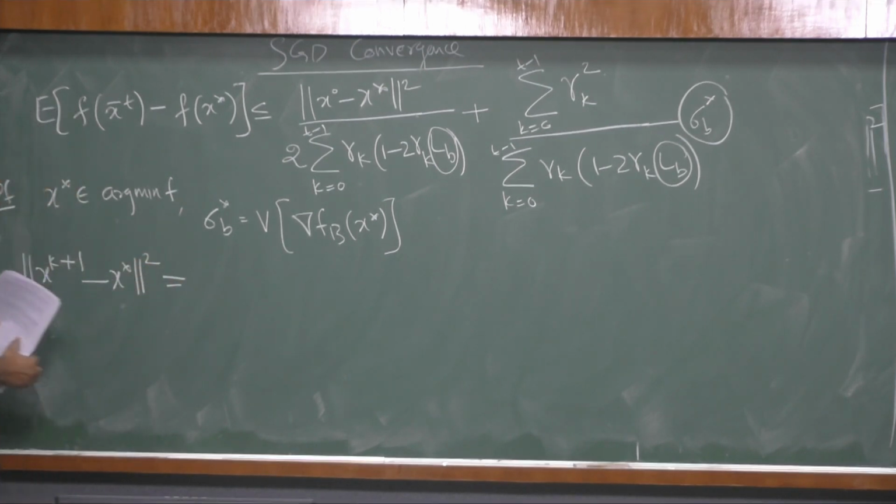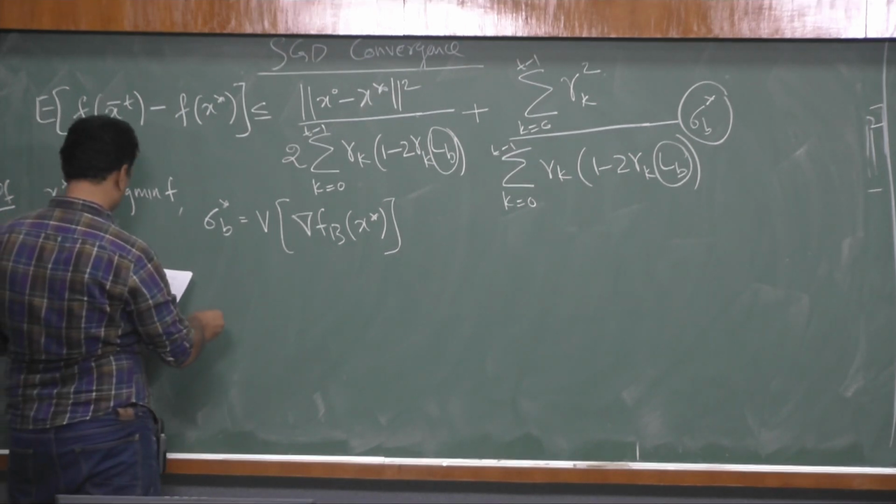We will add and subtract x_k, and x_{k+1} minus x_k will be replaced by the mini-batch SGD gradient. Then we will be left with x_k minus x star. So let us do this as a first step.